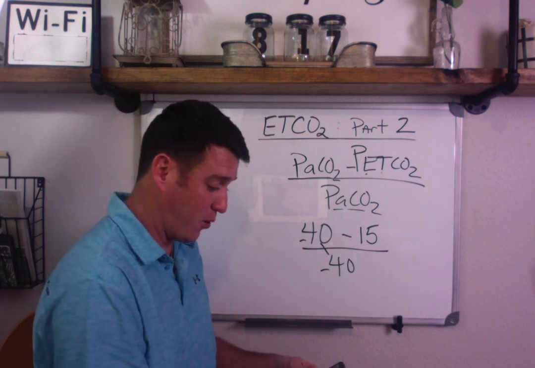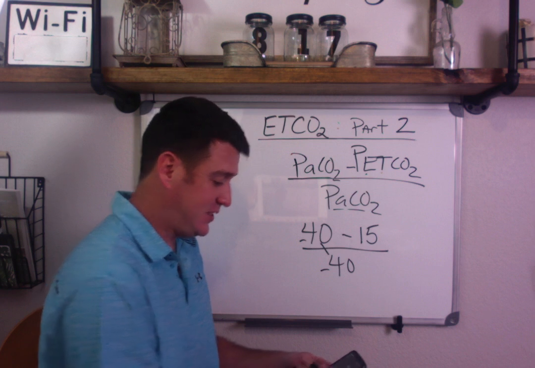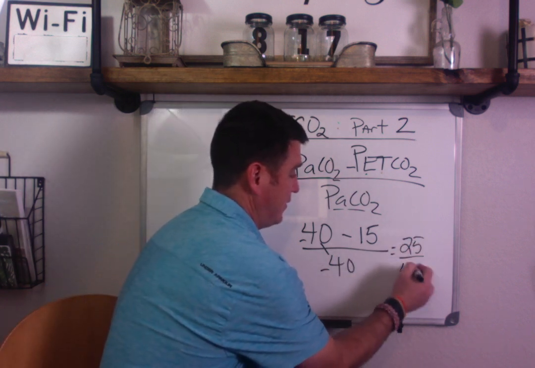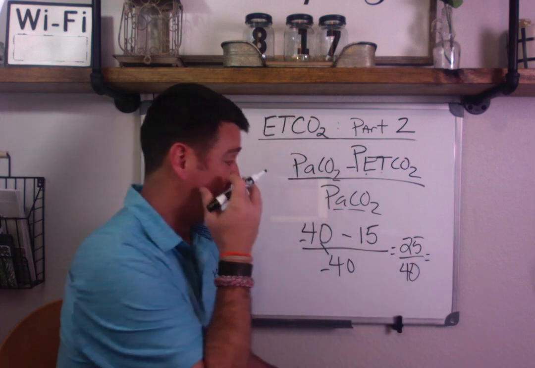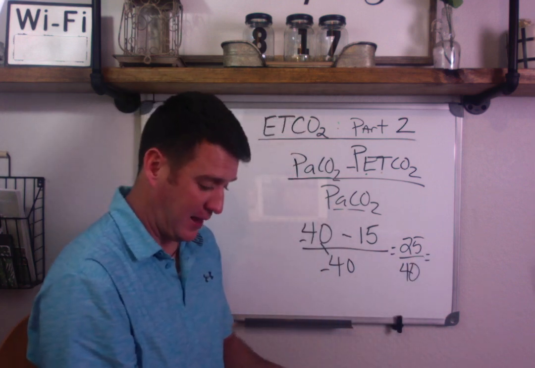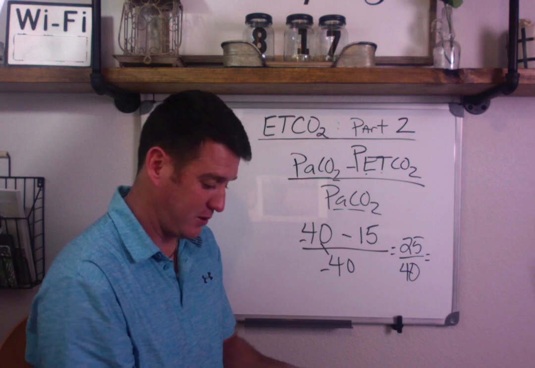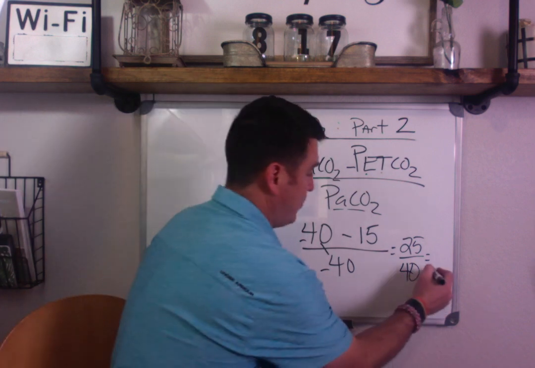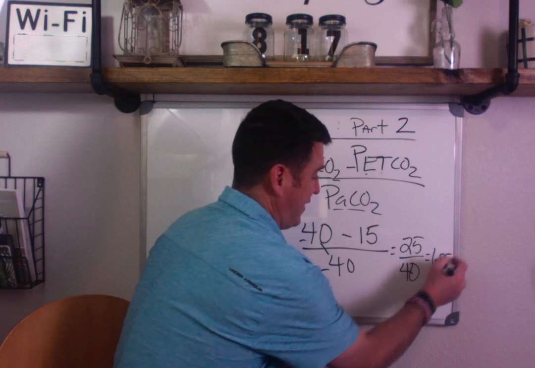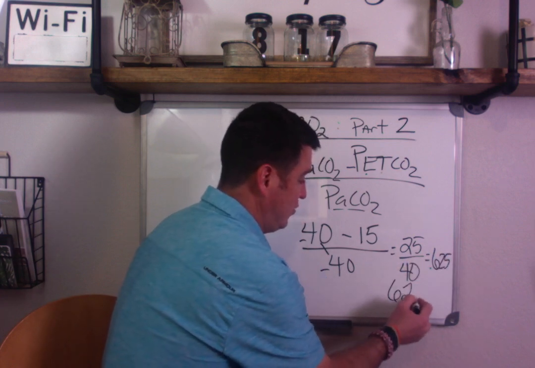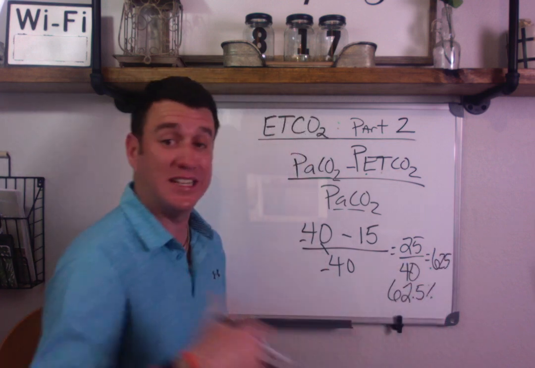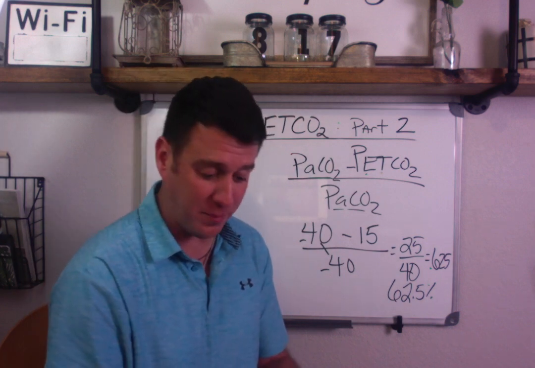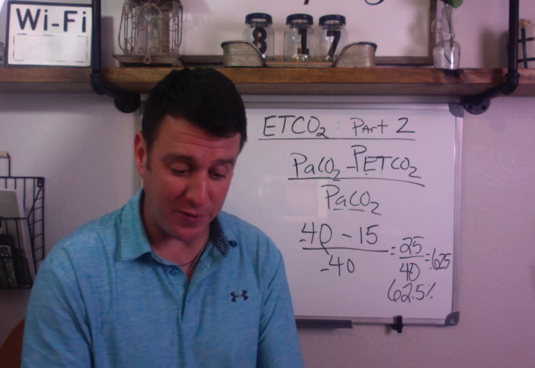So when you do 40 minus 15, you get 25 divided by 40, and that gives us 25 divided by 40 equals 0.625. This is a 62.5% dead space.